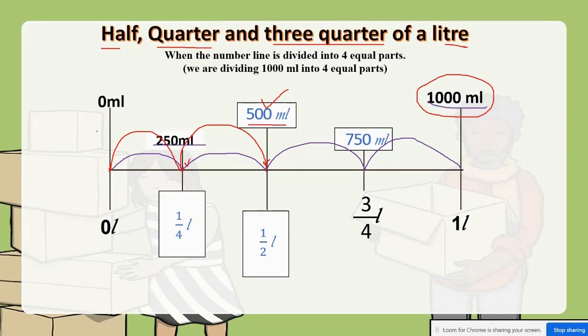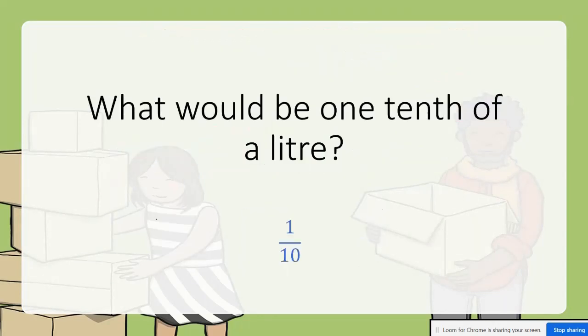If you see on top, all the volume is written in ml, but below we have written it as liters. So 250 ml is nothing but quarter liter, 500 ml is nothing but half a liter, 750 ml is nothing but 3/4 liter. Now we know that we get 1/4 of a liter when we divide 1 liter into 4 parts.